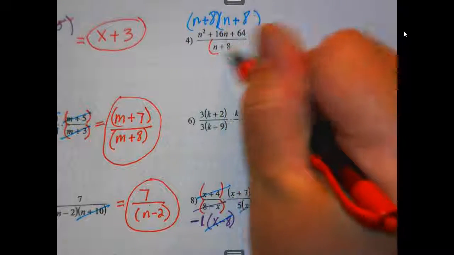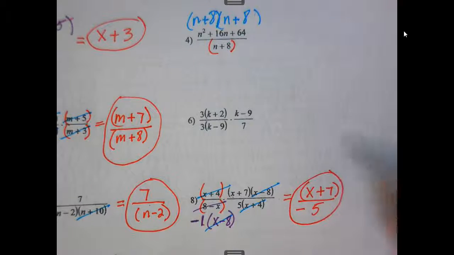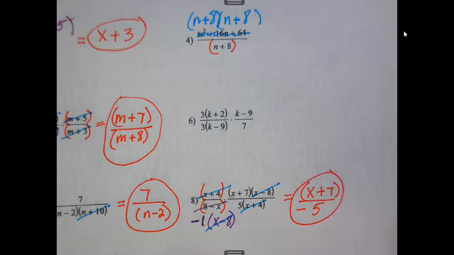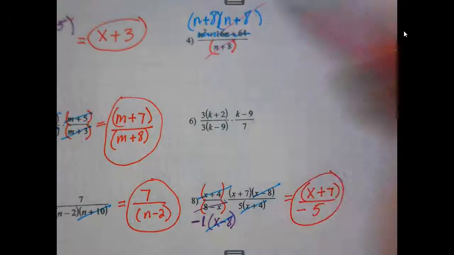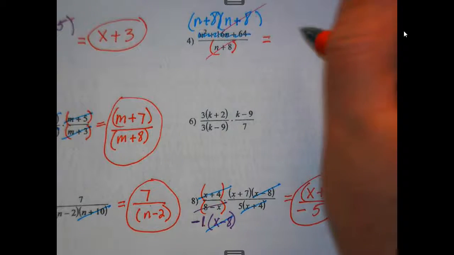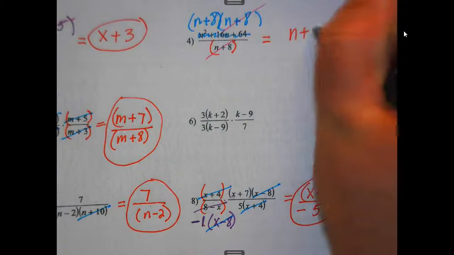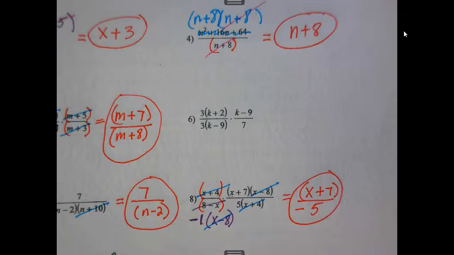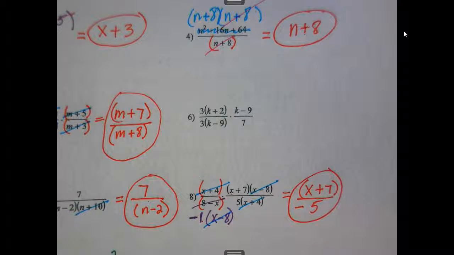Put parentheses around this quantity. And actually, you can cancel out n plus 8. So I'm left with n plus 8.